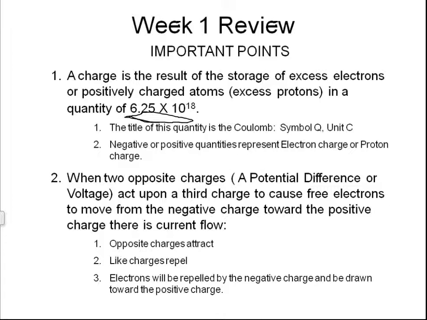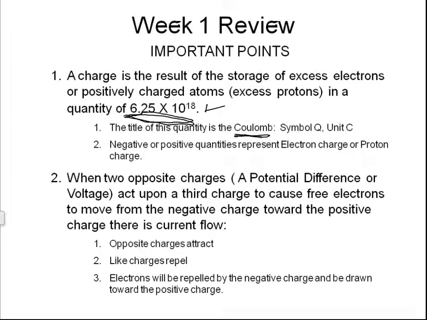And that is 6.25 times 10 to the 18th, which is a big number. But remember, we're talking electrons, so how many angels will dance on the head of a pin? How many electrons is this really? How much room does it take up? So when you have that many, you have the value of 1 coulomb of charge.